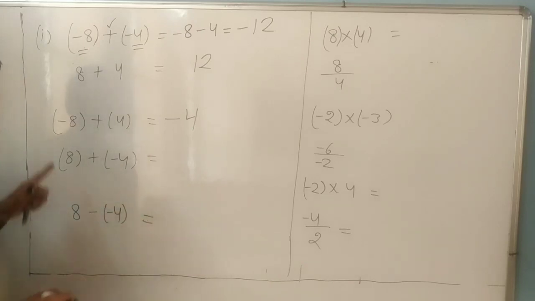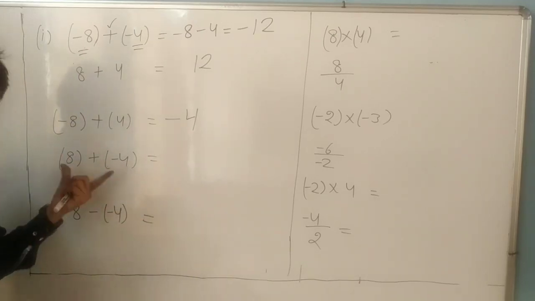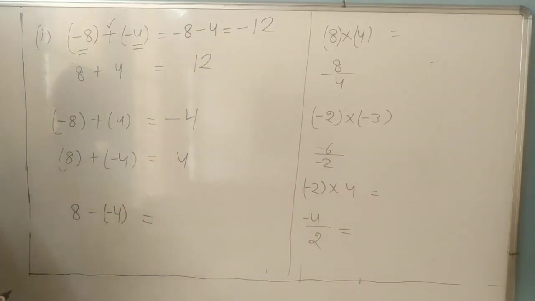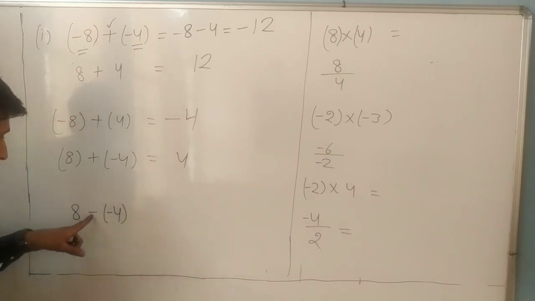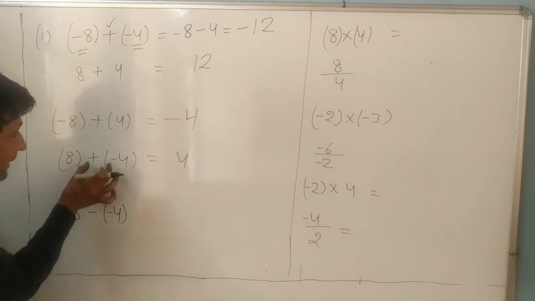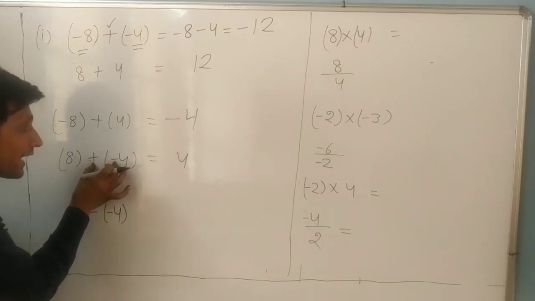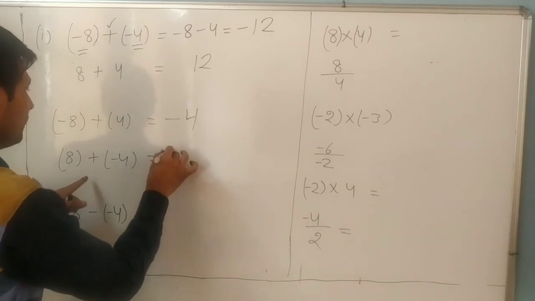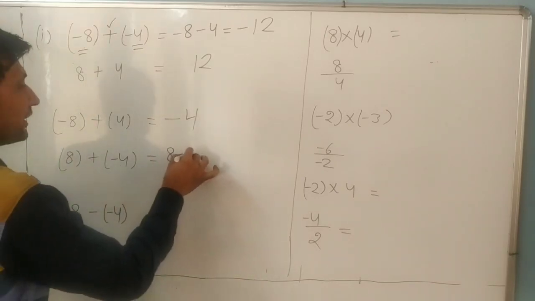Look at it: one positive, one negative. Different sign, always subtract and put the sign of the greater. Greater is 8. Now how do we subtract this one? Look at what it means, dear. Whenever two symbols, negative and positive, come together, it means they are multiplied. Positive into negative, negative.